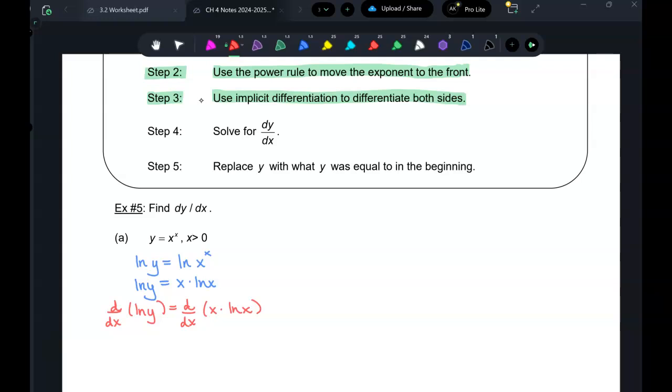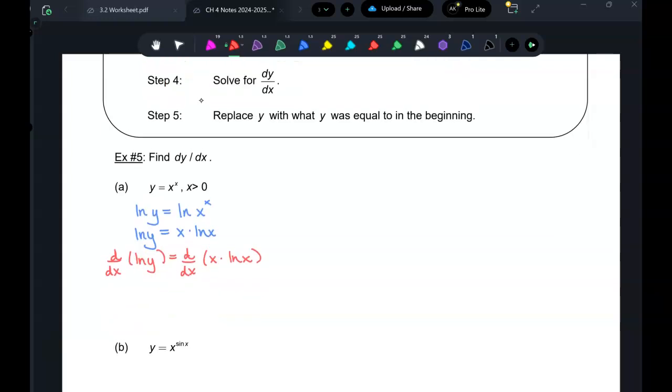The right side is going to be power rule. The left side is where we have our implicit differentiation because it's d dx of natural log of y. So natural log is going to be 1 over y dy dx. Remember, it's the derivative of natural log of y times the derivative of y.